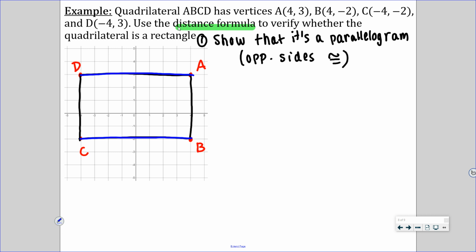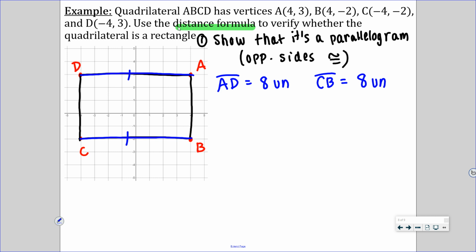What's the distance of AD? 8 units, good. What's the distance of CB? 8 units. That does not tell me those sides are parallel. I'm not checking their slopes. That tells me those sides are congruent.